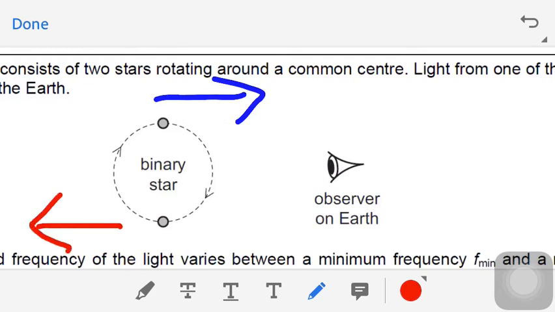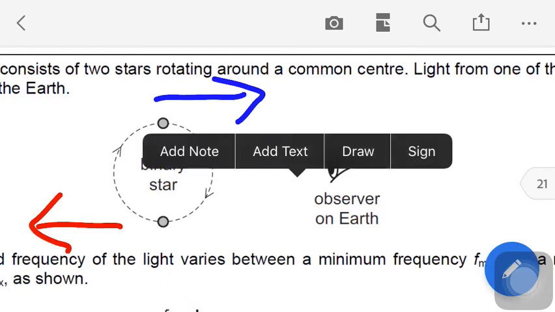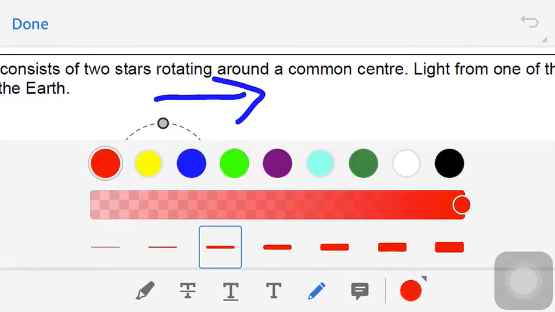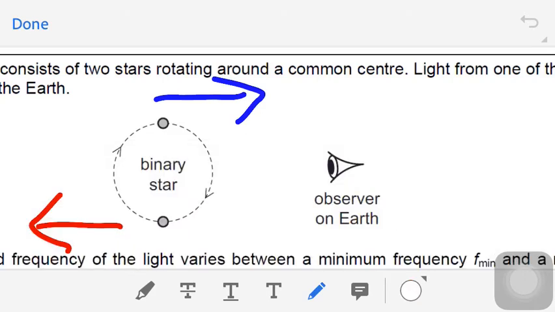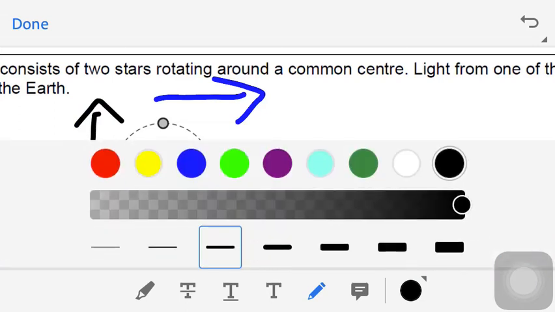Doppler effect, blue shift and redshift. And when it is moving perpendicular to the observer, when it is neither moving this way or that way but simply moving, then there is no change in frequency. The observed frequency would be the same as the normal frequency, the frequency of the source.